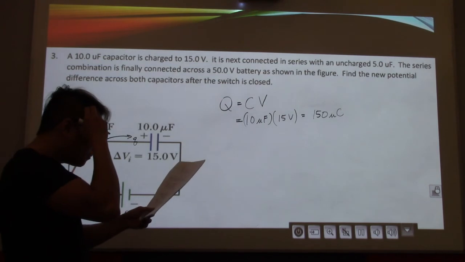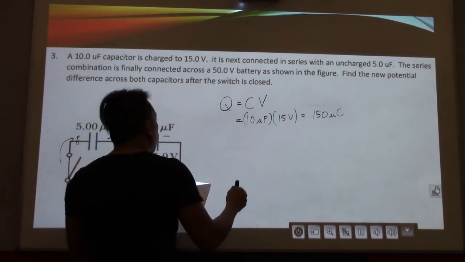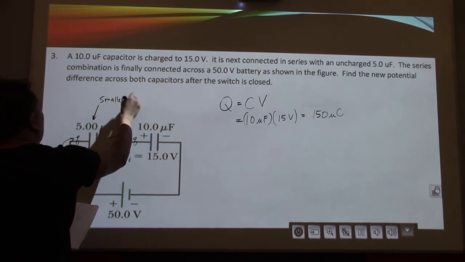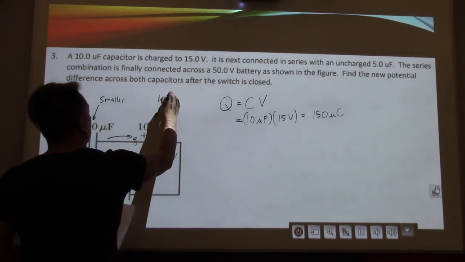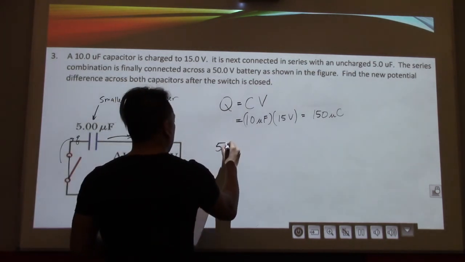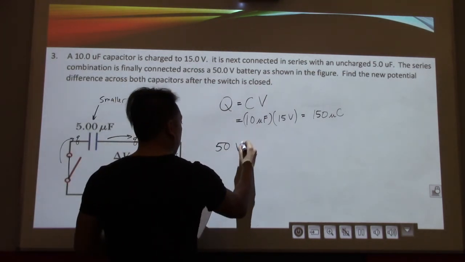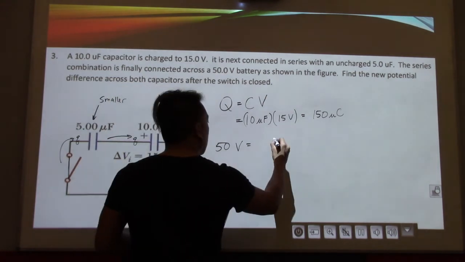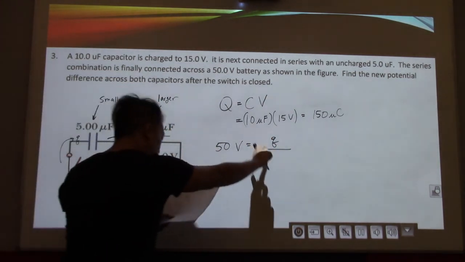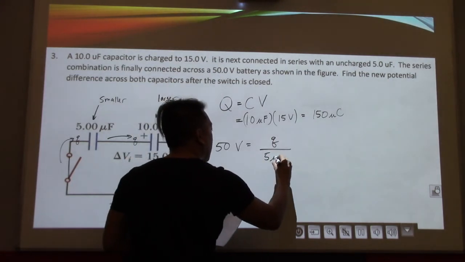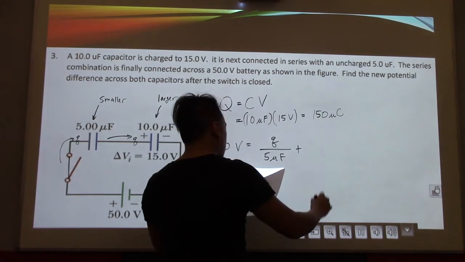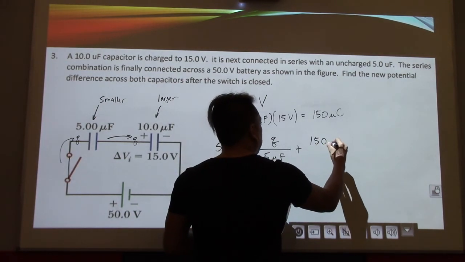So if I were to look at, let's call this the smaller capacitor, let's call this a larger one. We know that 50 volts equals Q. So when it starts, it's going to have one little Q on the 5 microfarad capacitor, smaller one, plus 50 microcoulombs.